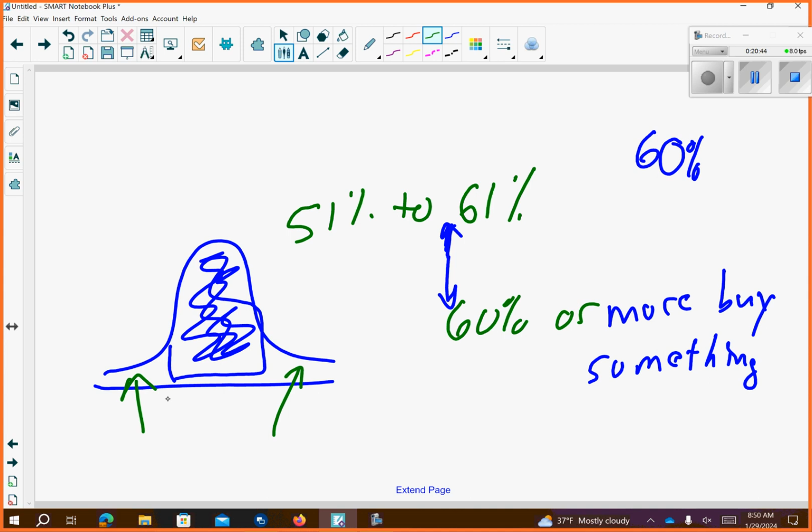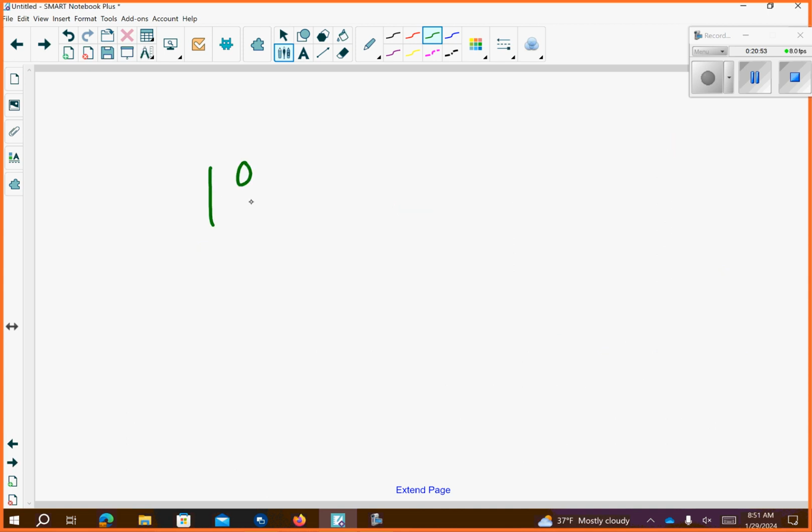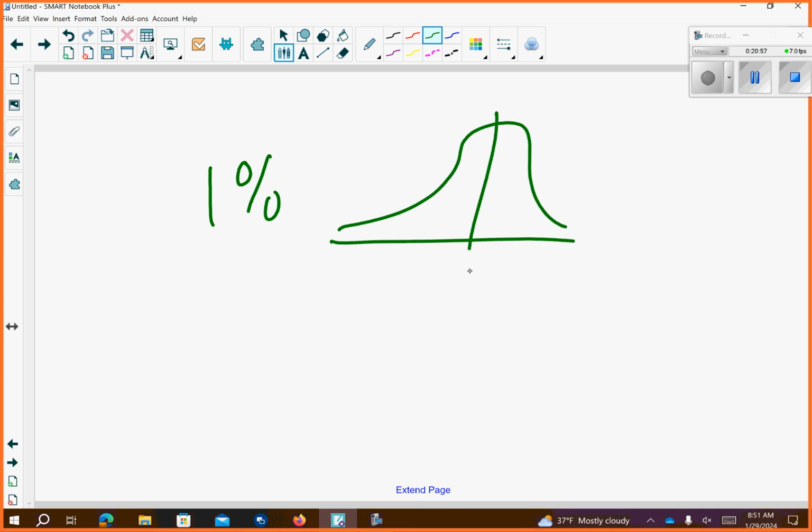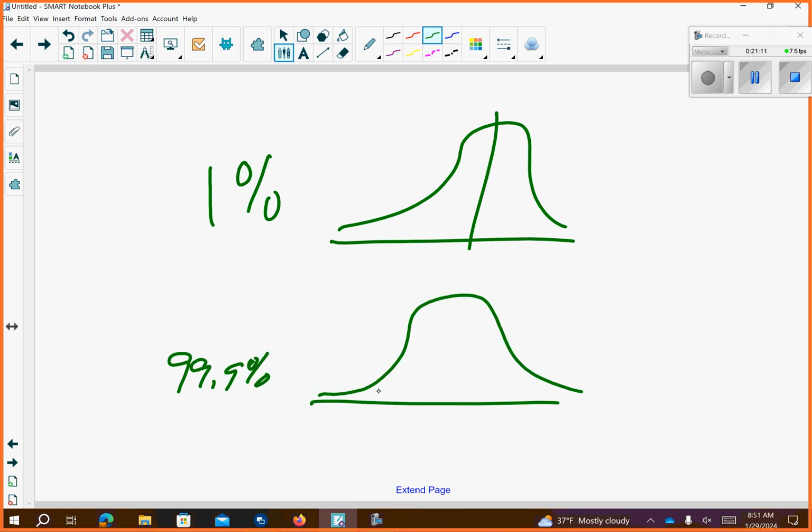But if you gave a 1% confidence interval, you're talking about this. There's your 1%. That's really unlikely, that you're going to randomly select people and they're going to fall right on that line. But if I get to 99.9%, we're talking about almost all the area under the curve.